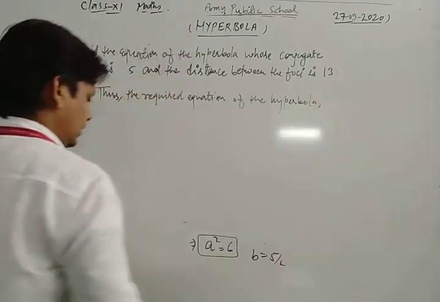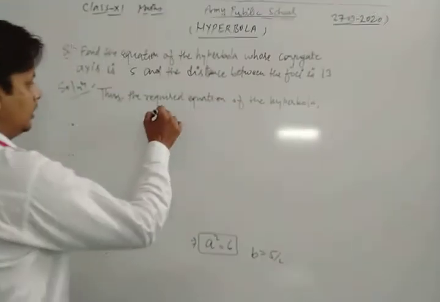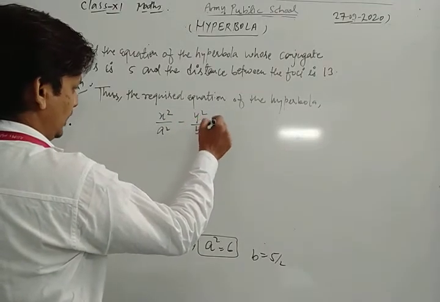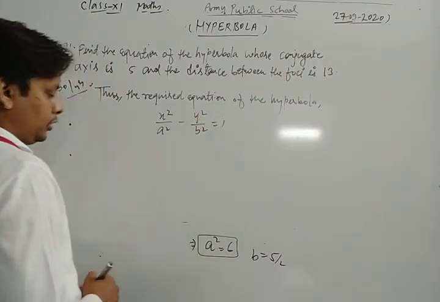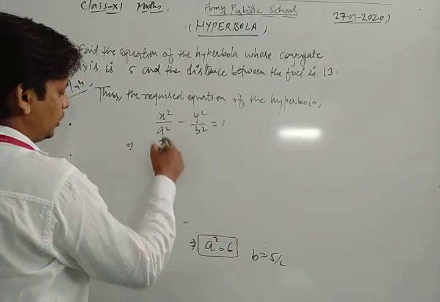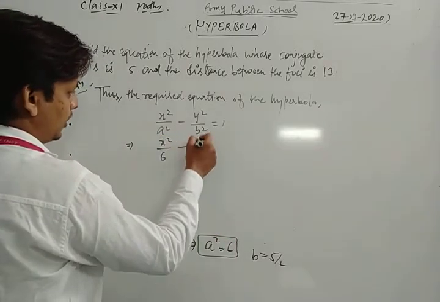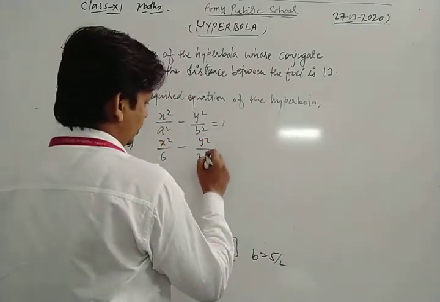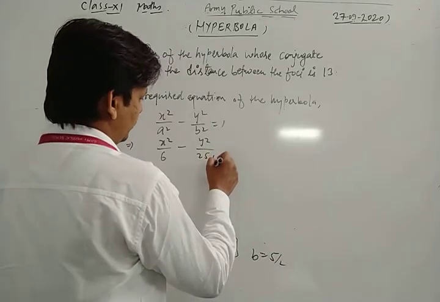Thus the required equation of the hyperbola is what? x square upon a square minus y square upon b square is equal to 1. Now here we put the value of a and b, we get what? Let's see here, x square upon the value of a square is 6 minus y square upon the value of b, which is 5 by 2, means 5 5 is 25 upon 4, is equal to 1.